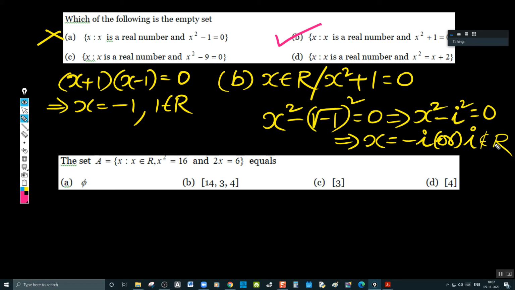And what about D? X is a real number, x is equal to plus or minus 3, that's also real, and x is a real number, x square is equal to x plus 2. Of course, if you solve this, you will get the real factors, x minus 2 into x plus 1. Correct.